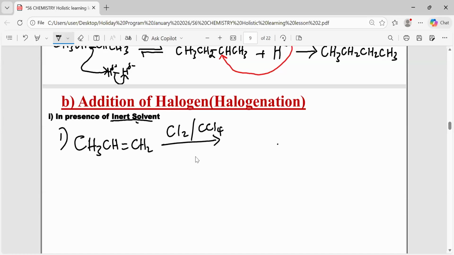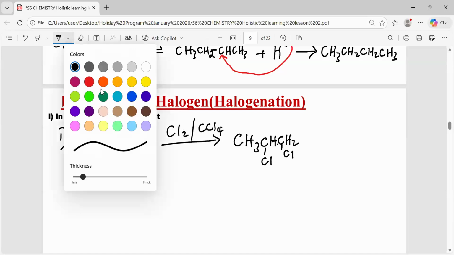The halogen rapidly adds across the double bond to give a corresponding what? A corresponding vicinal dihalide. Very good. So the chlorine atoms are going to attach themselves across the double bond. This carbon atom takes one chlorine atom and the other one takes another chlorine atom.